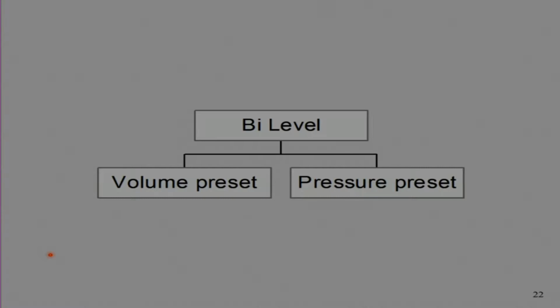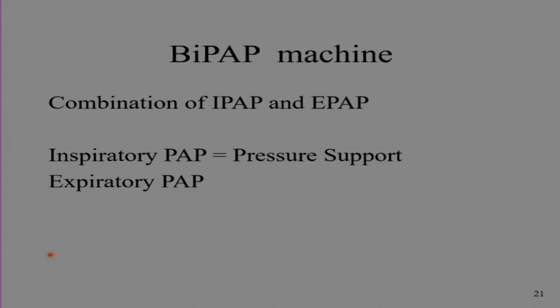So we shall concentrate on the pressure preset ventilator. It's a BiPAP, bi-level positive airway pressure machine, a combination of IPAP and EPAP. IPAP is inspiratory positive airway pressure, and EPAP is expiratory positive airway pressure. The inspiratory pressure is always higher than the expiratory pressure.